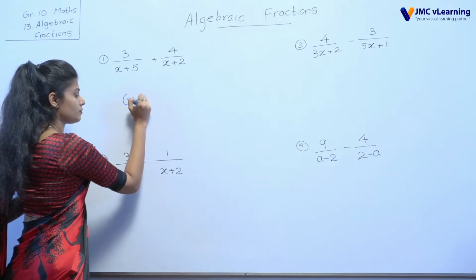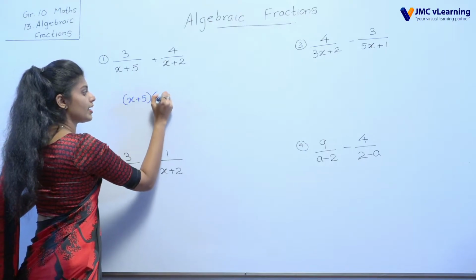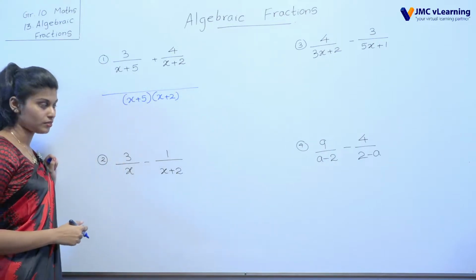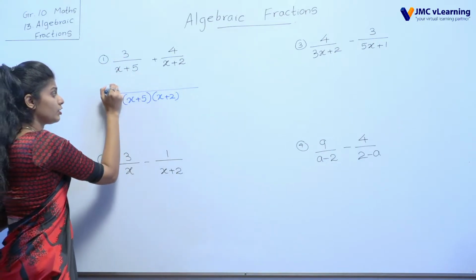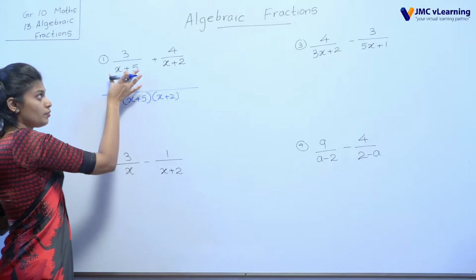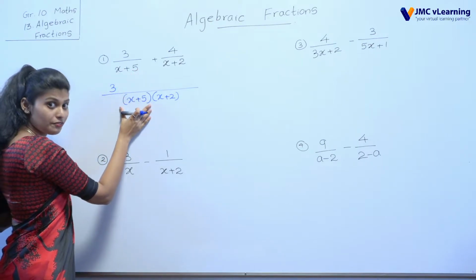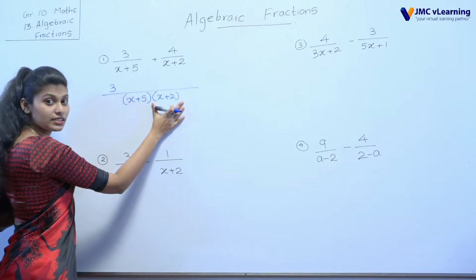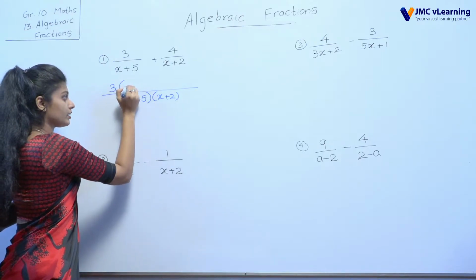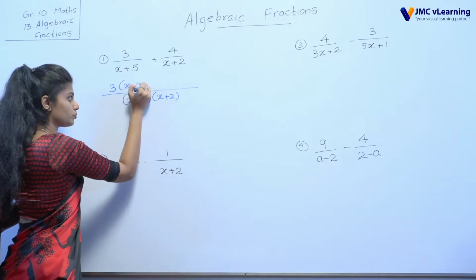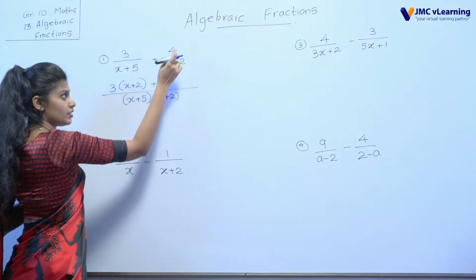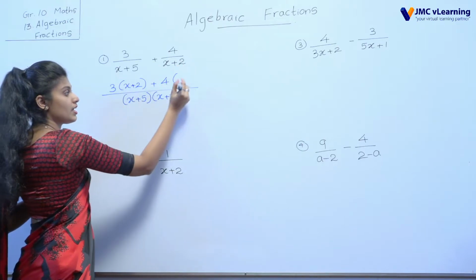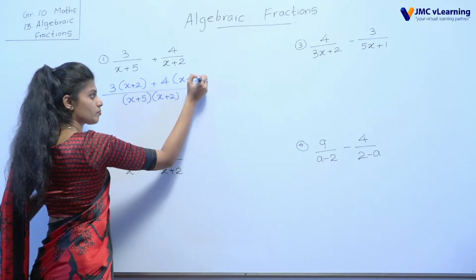Then x plus 5 into x plus 2 is the common denominator. Then here the numerator is 3. x plus 5 is in that fraction, so you have to multiply this fraction by the other part, that is x plus 2. Plus here the numerator is 4, that one you have to multiply by x plus 5.